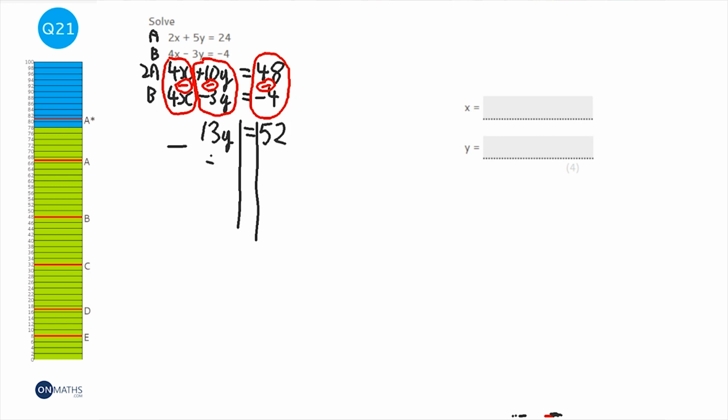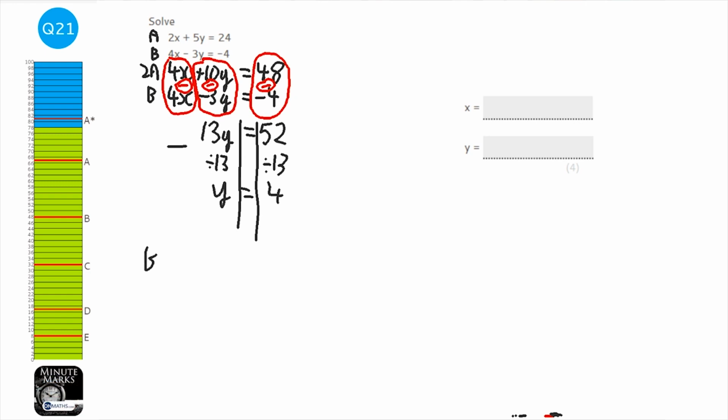And we're going to divide both sides by 13 to get rid of the 13 in 13y. So it's going to be y equals, and the 13 times table goes 13, 26, 39, 52. So that's going to be 4. So y equals 4.